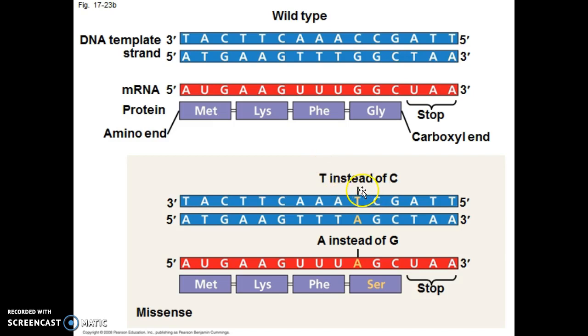Next, we're going to be looking at a point mutation that results in a missense. And we can see the point mutation or substitution, T in place of the C up above. Looking at the same amino acid, the last one, and this point mutation, the substitution part would change the mRNA AGC from GGC, which would result in a different amino acid being popped on.